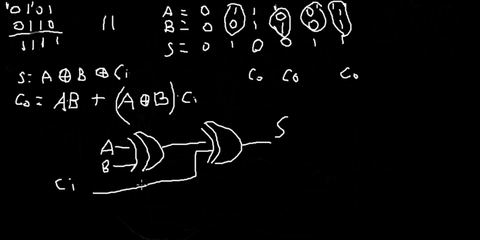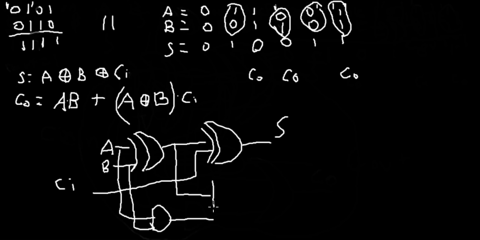Carry out, well, we know A and B, OR, so there will be some OR gate at the end, actually, or A XOR B and CN. Well, we've already XOR'd A and B here, so we can just take this and AND it with CN, which is this wire, so I guess we can just bring this down here.